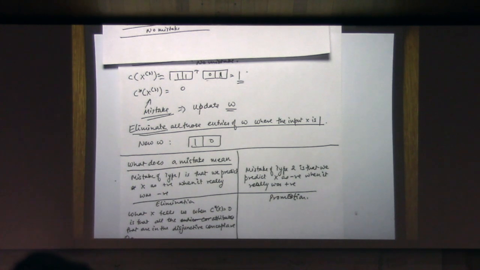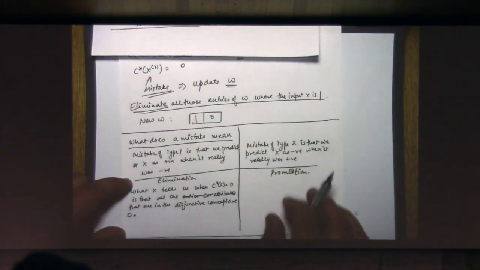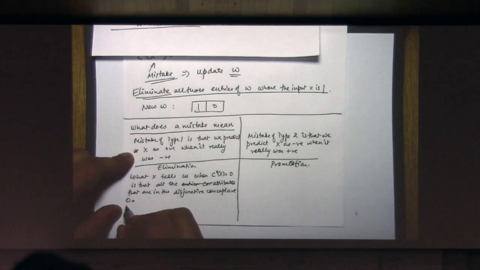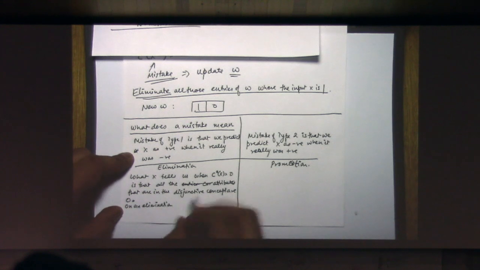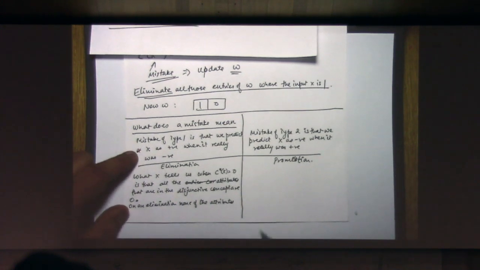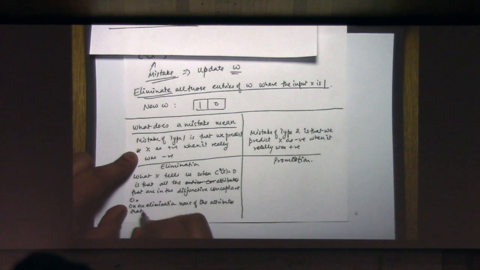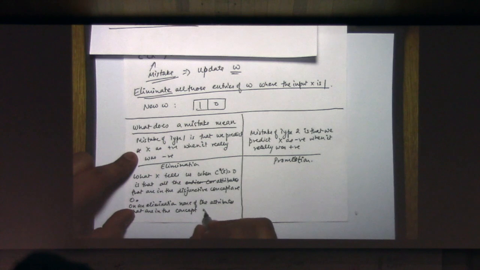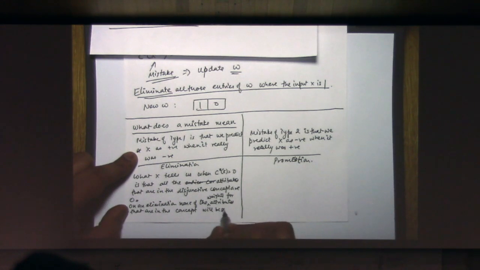what we know is that since all of them, on an elimination, none of the attributes that are in the concept, none of the weights for attributes that are in the concept will be set to 0.